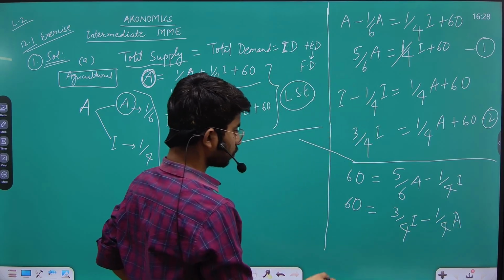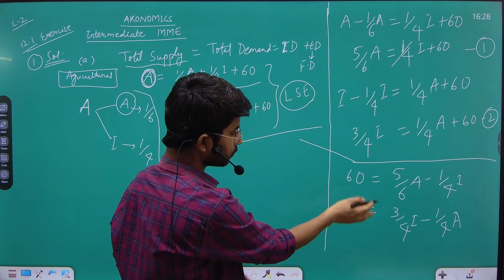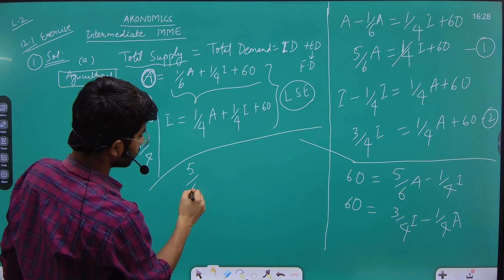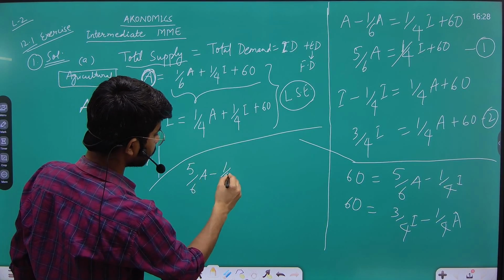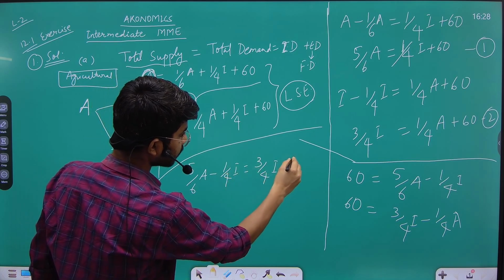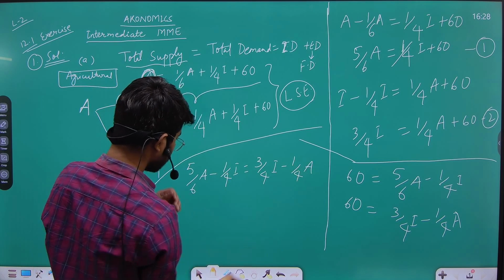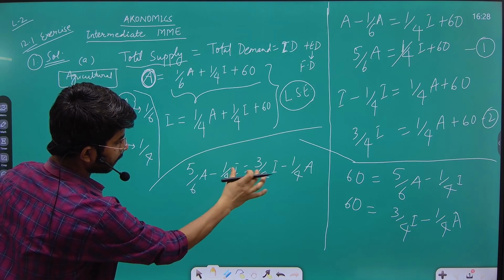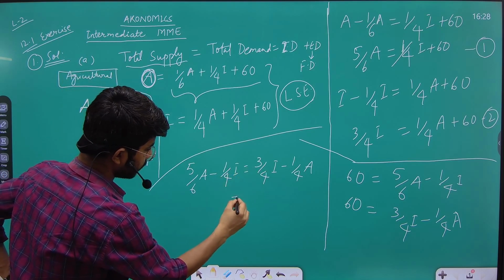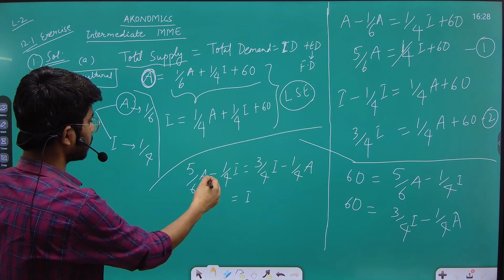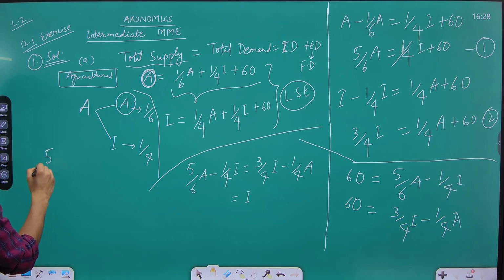Okay? So since both are equal to 60, you will have 5 by 6 A minus 1 by 4 I equal to 3 by 4 I minus 1 by 4 A. So you will have I on one side, the right hand side, and on the left hand side you will have 5 by 6 plus 1 by 4.